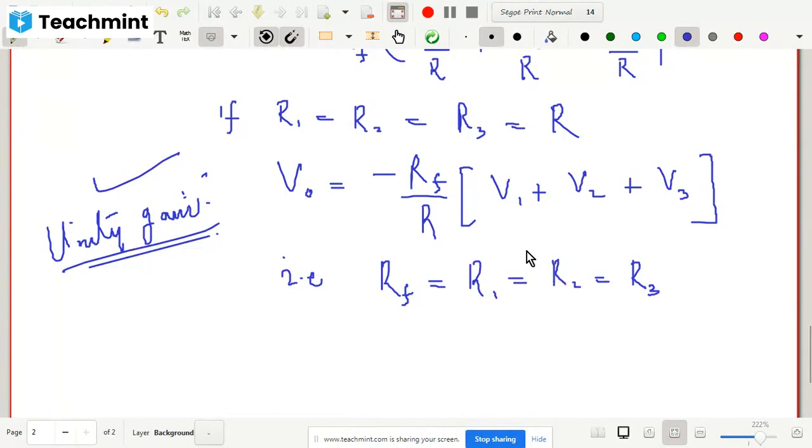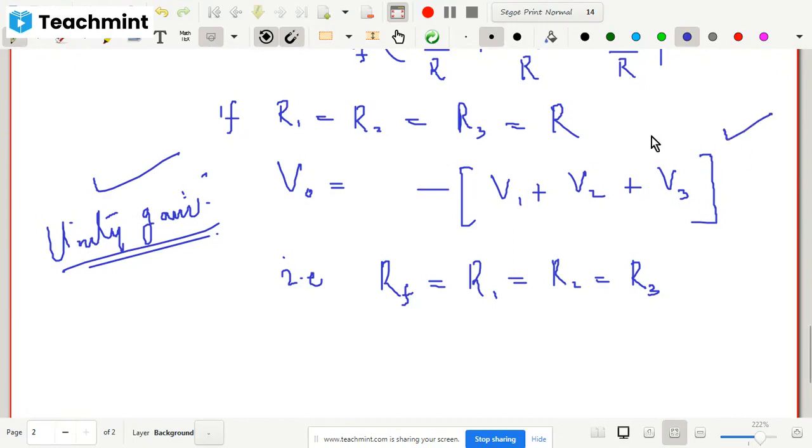Now, if these are equal, then they can get cancelled out here. Now if it gets cancelled out, then what would you get? You will just get a 1 here. So you will just get minus of V1 plus V2 plus V3.